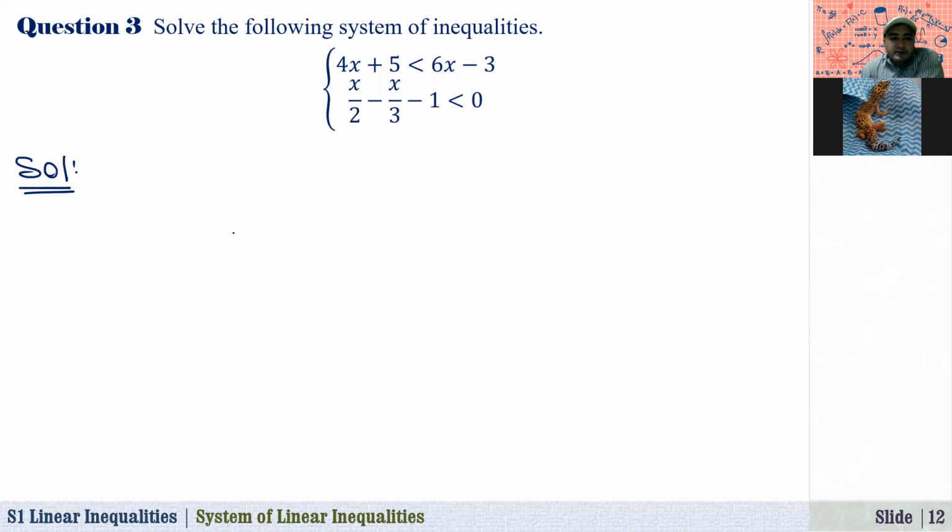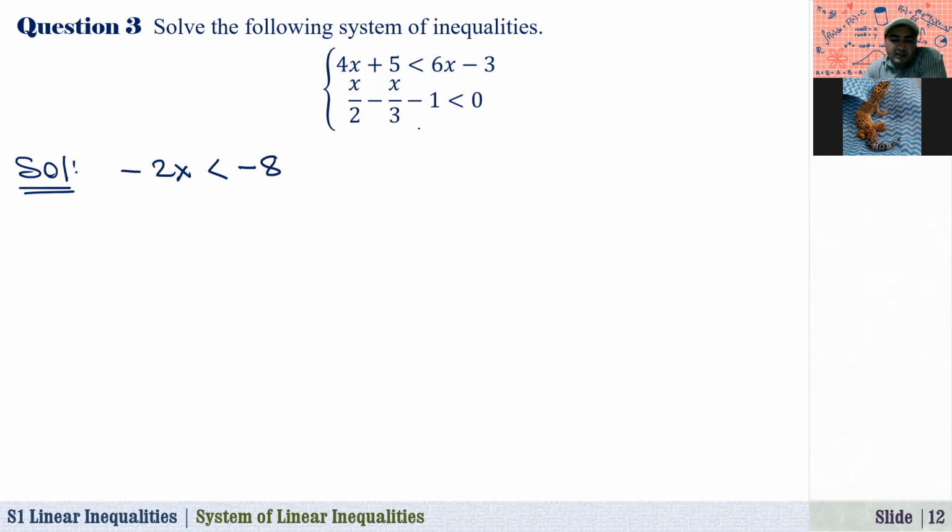Okay, so the first one, again, take 6x to the left-hand side. So here we have 4x minus 6x, that's equal to minus 2x. Less than, and take 5 to the right-hand side, negative 3 minus 5, that is negative 8.